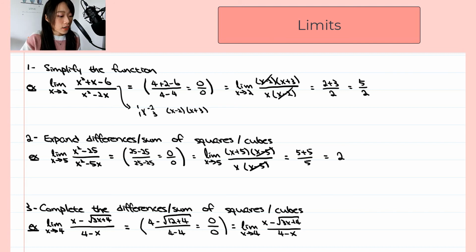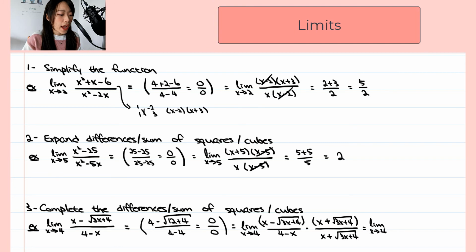So the trick here is to multiply either the numerator or denominator, the one that has the square root, and change the sign to plus. So times x plus square root of 3x plus 4 over, same thing, x plus square root of 3x plus 4. So this limit equals limit as x approaches 4.